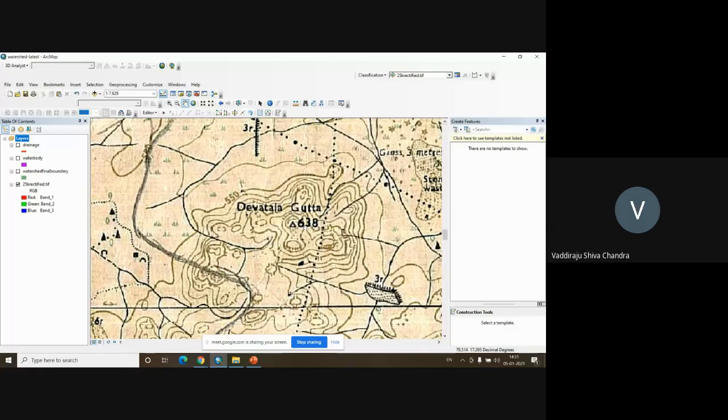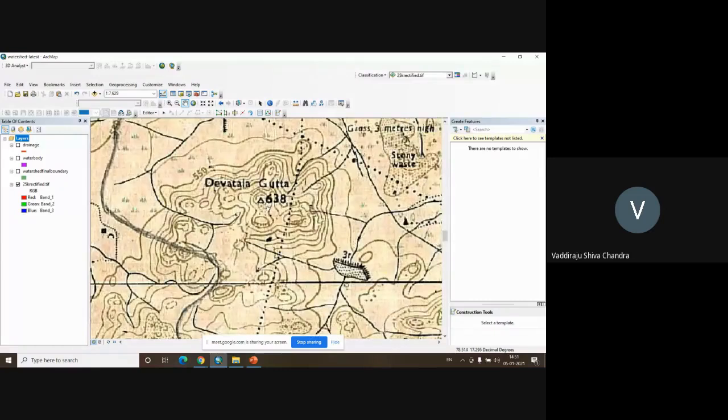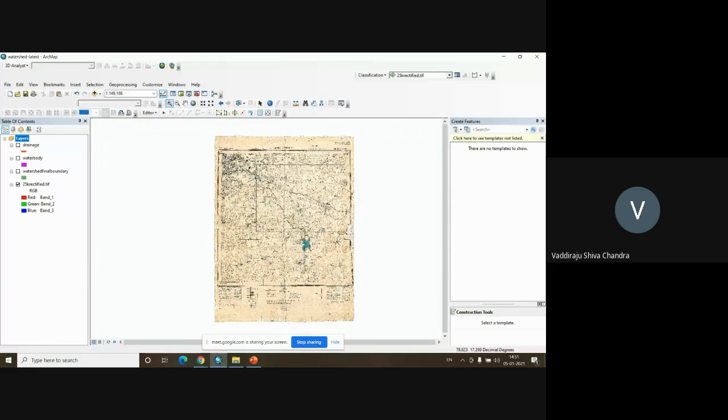If you want to construct a reservoir there, it is 638 meters above ground itself, and you need to dig again underground another 200 or 300 meters depending on your water holding capacity, whether we want to store 100 TMC or 150 TMC. Depending on that, you need to dig 100 or 200 or 300 meters. So simply by seeing this contour map you can come to a conclusion that this site is not suitable for reservoir construction, right? So like that, you can easily identify where the areas are where you're having a depression.